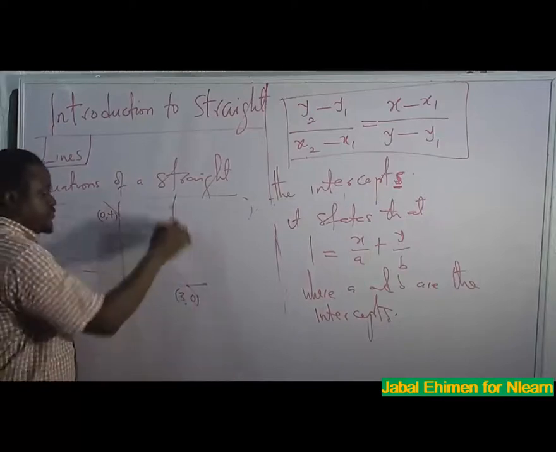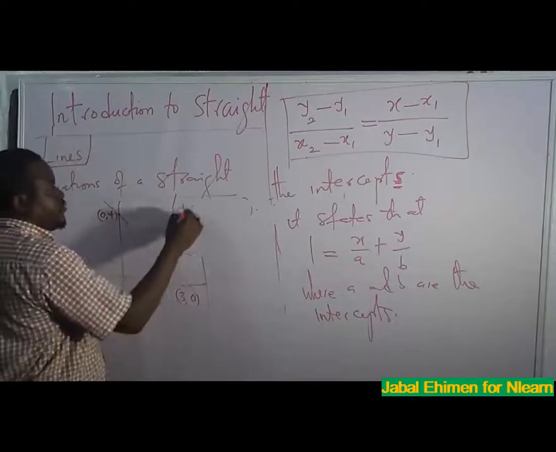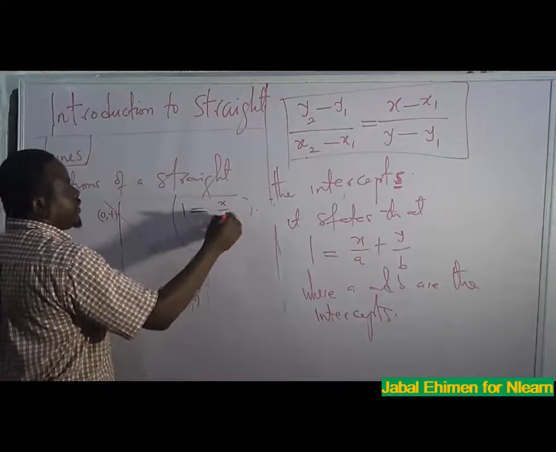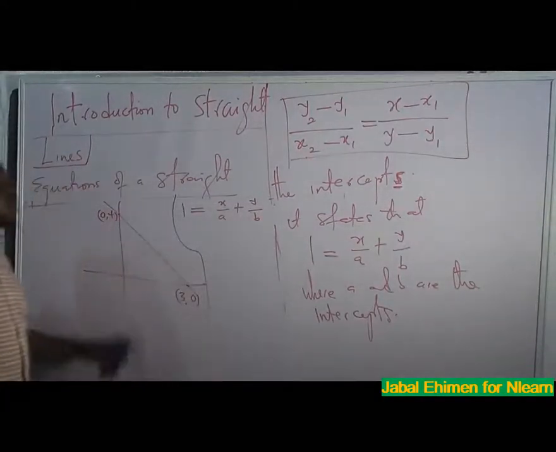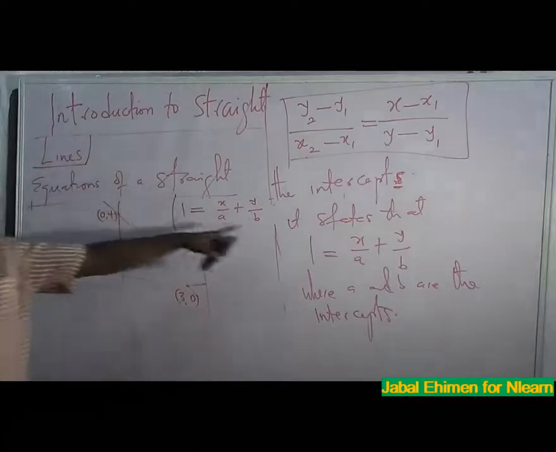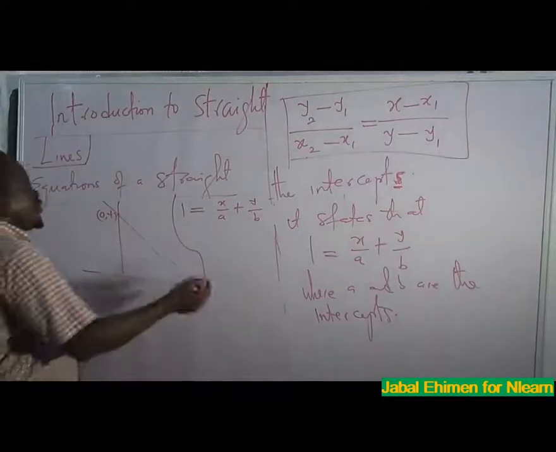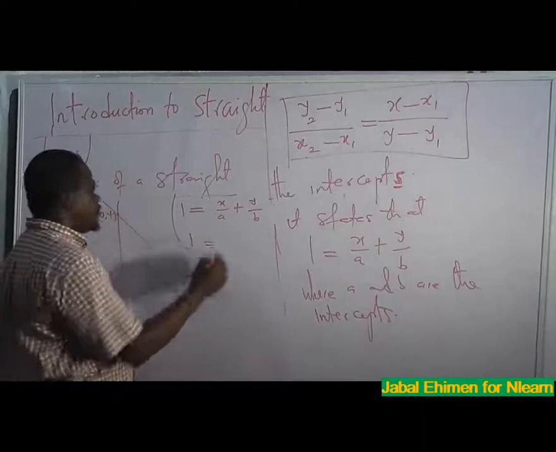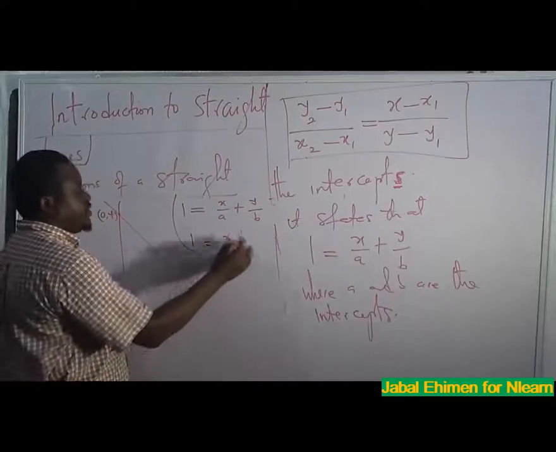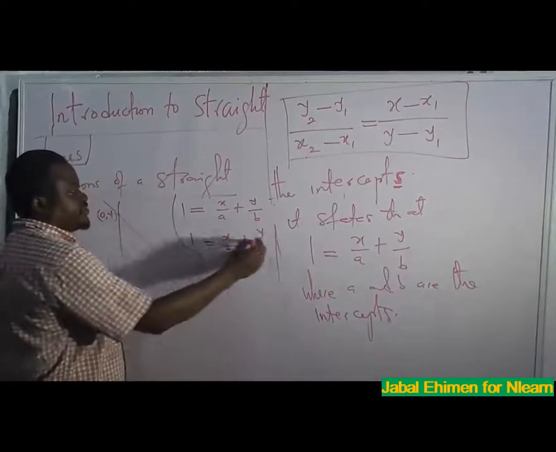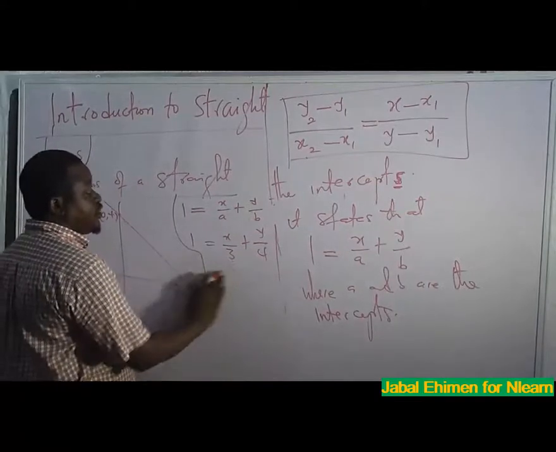If you have something like this, you will discover that if I want to find the equation, we'll have 1 is equal to x over a plus y over b. The one on the y axis is b, and the one on the x axis is a. So 1 is equal to x over a, this is a on the x axis, 3, and the one on the y axis, that's 4. So what's the LCM? The LCM is 12.